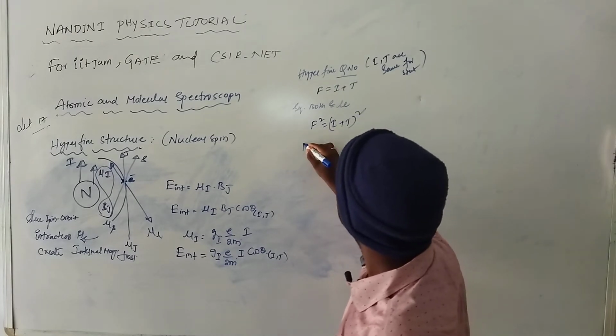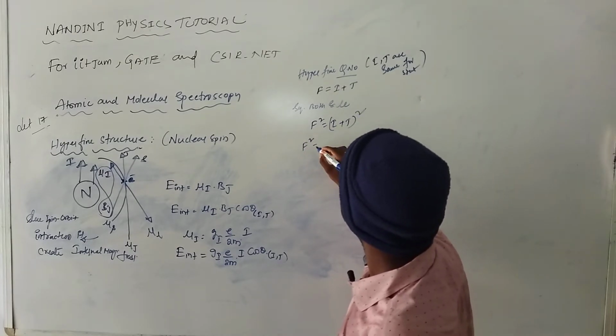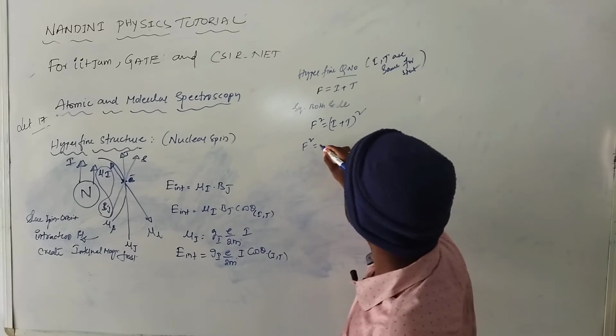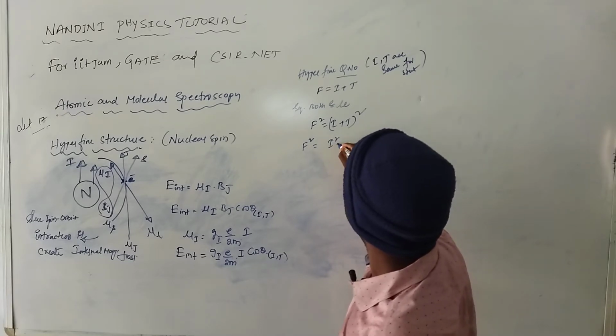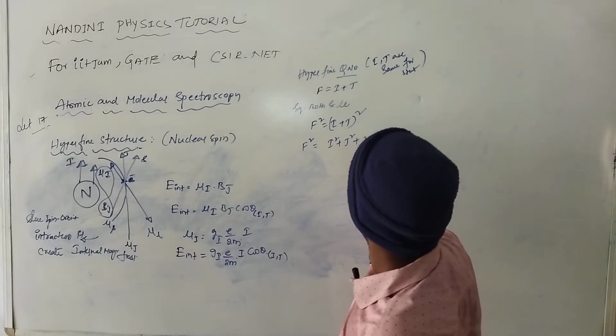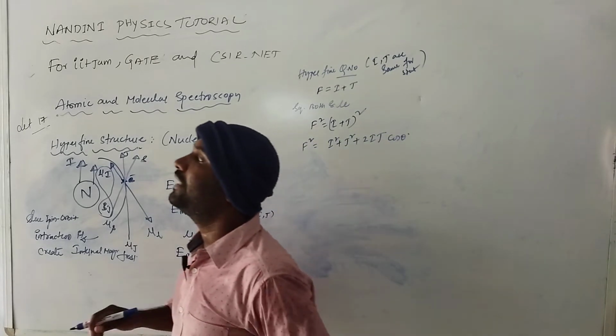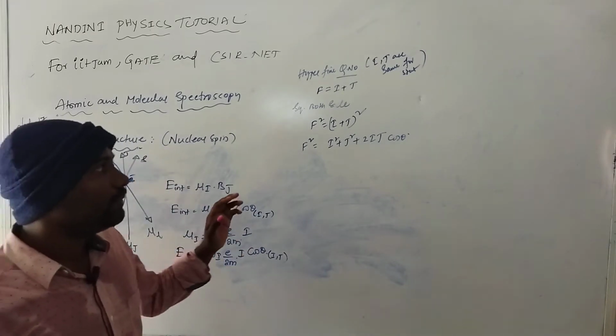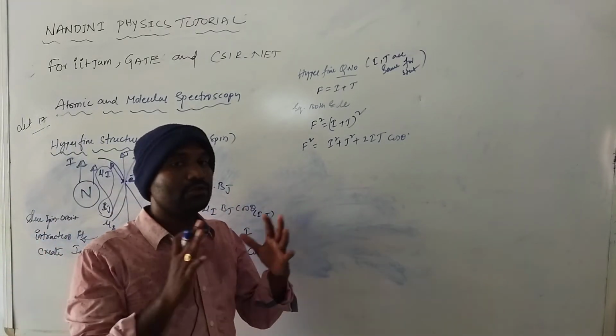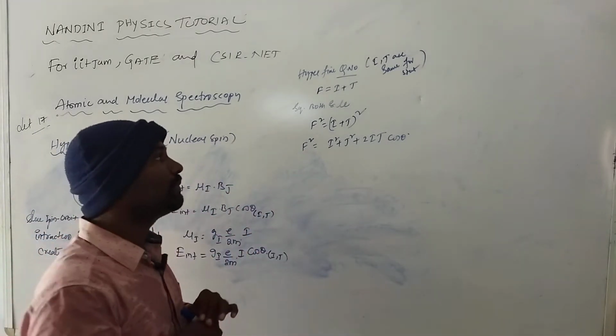Therefore, F square is equal to I square plus J square plus 2IJ cos theta. Why? Because we are writing it using the parallelogram law.